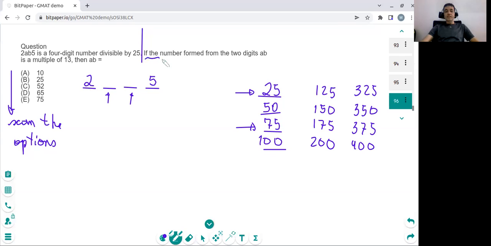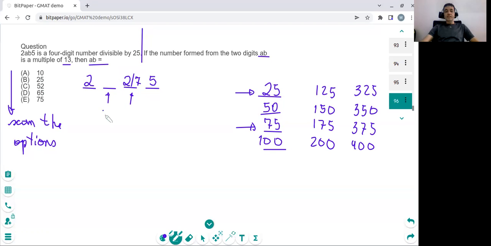Continuing the reading: if the number formed from the two digits AB is a multiple of 13, then AB is equal to one of the options. You know that the number can just end in 25 or 75. So the penultimate digit must be either a 2 or a 7. So you go there and rule out the possibilities.